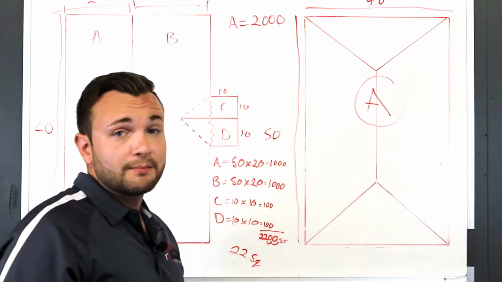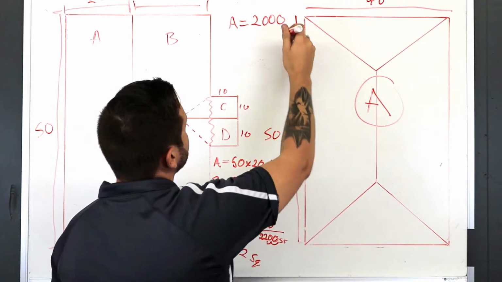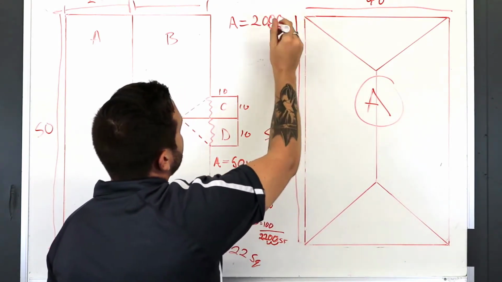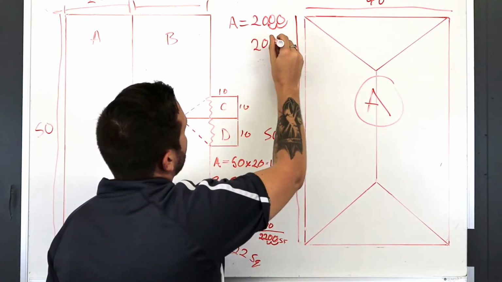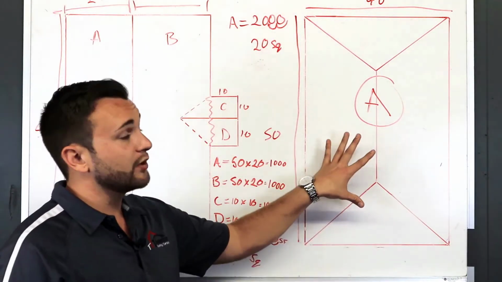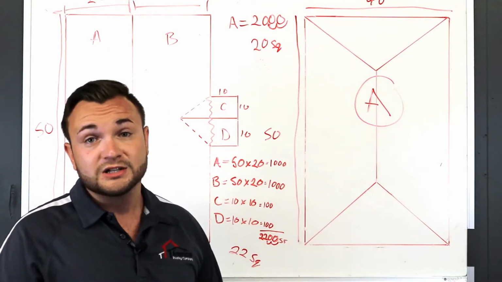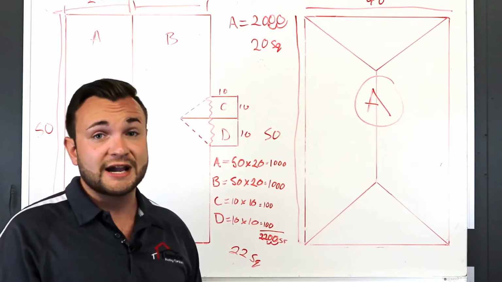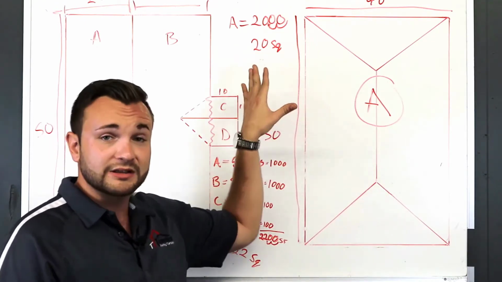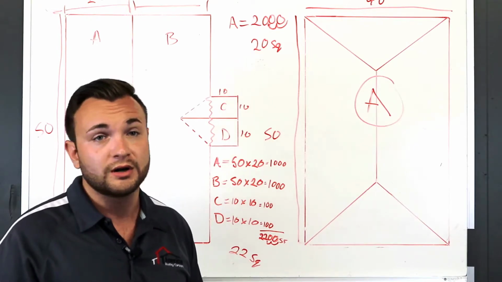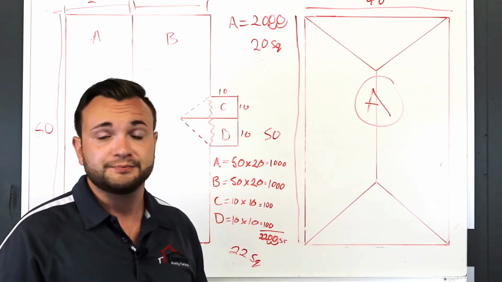Now we've got to remember to move that decimal point over, and we've got 20 squares. Of course, if you order 20 squares worth of shingles for a roof like this, it's going to come up short. So we have to talk about that slope factor next. We're going to need to multiply this number by that slope factor to get an accurate size, so you know exactly what materials to order and everything is going to be accurate.